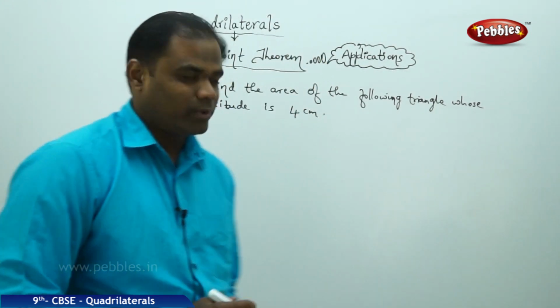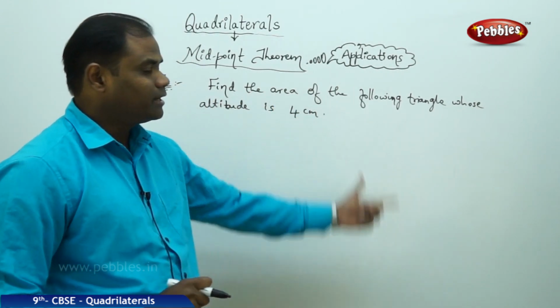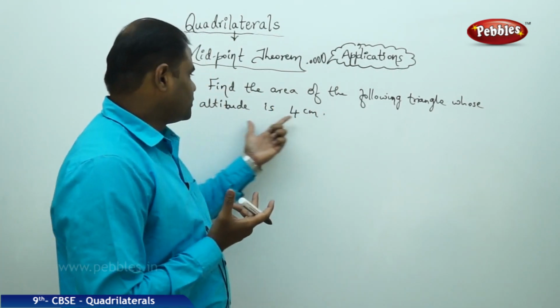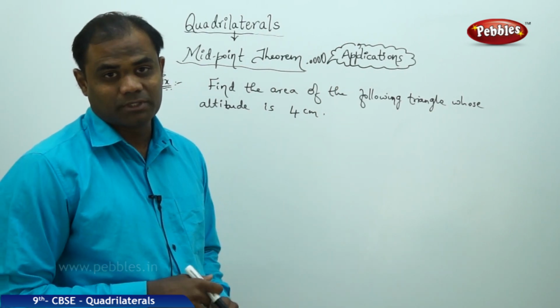Now here I have a question about finding the area of the triangle whose altitude, or the height, is given.